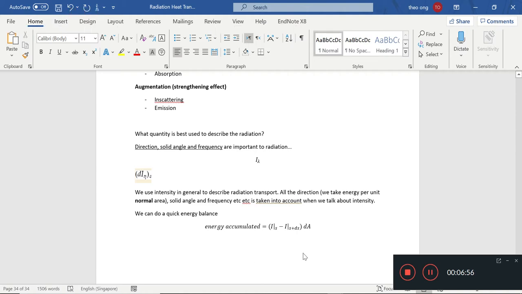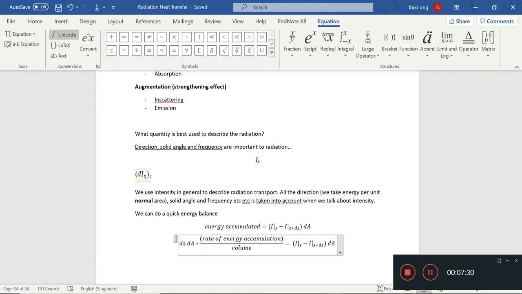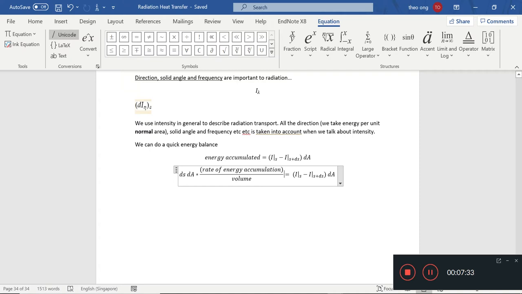So what is the energy accumulated then? Well, you can put a volume. The volume is ds dA, and this is the rate of energy accumulation per unit volume.